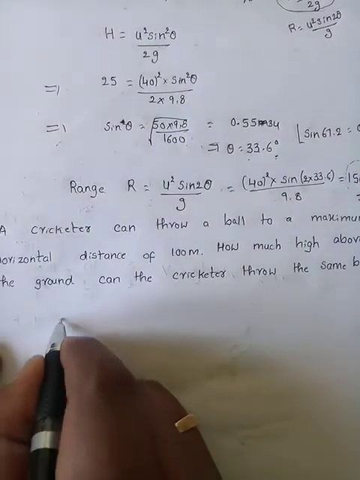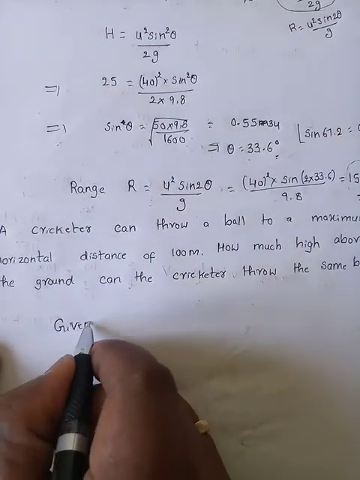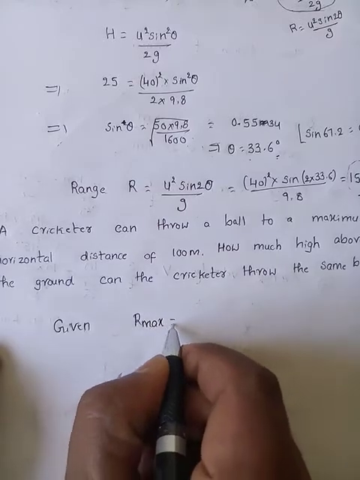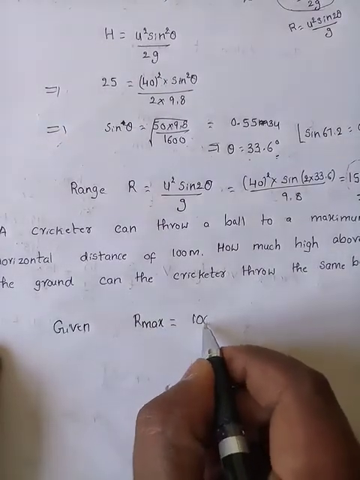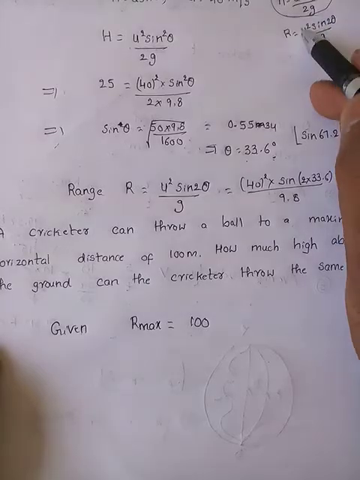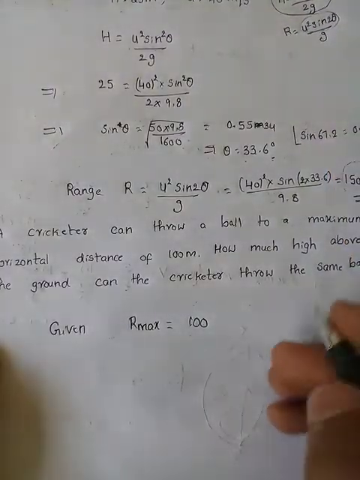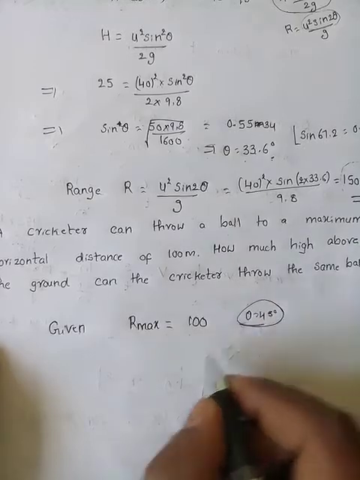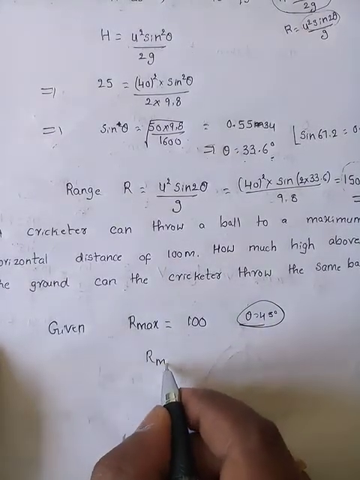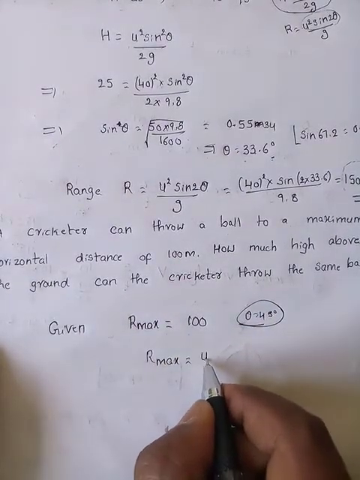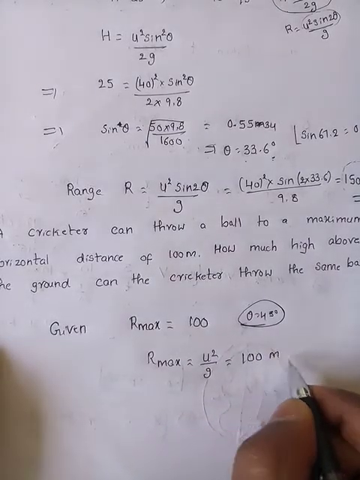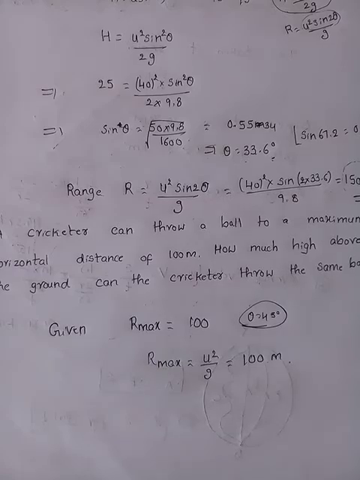Directly they have given the maximum range, which is 100 meters. You know the range formula has sin 2θ. Here theta is 45, and only then is the range maximum. We already studied that the maximum range is u² / g, which is 100 meters. This is what they have given.